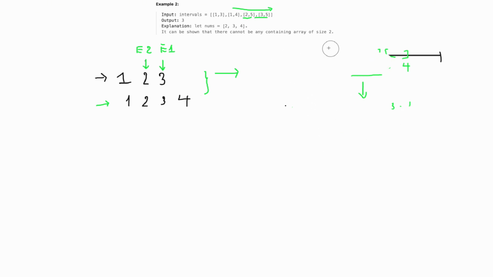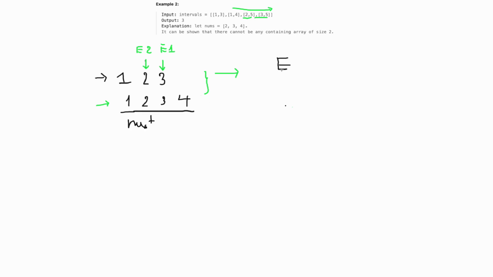And then in this case we have what? We can check in the first case, if the e1, sorry, e2, right? What if the e2 is smaller than, let's call this one the next, I mean the next interval.